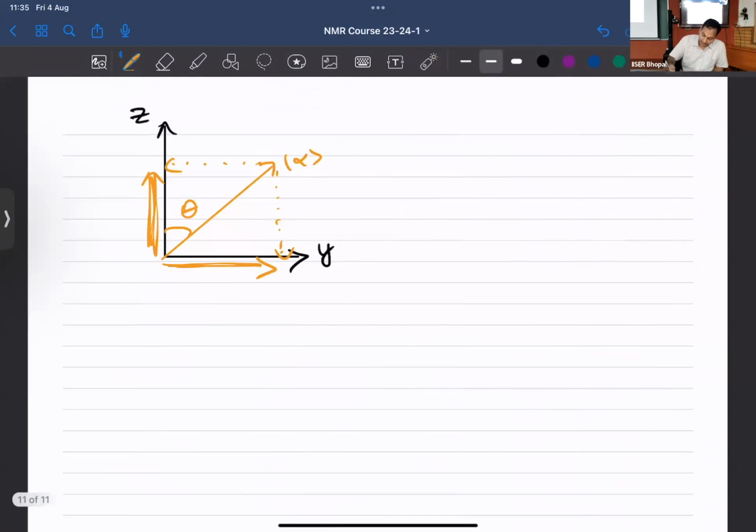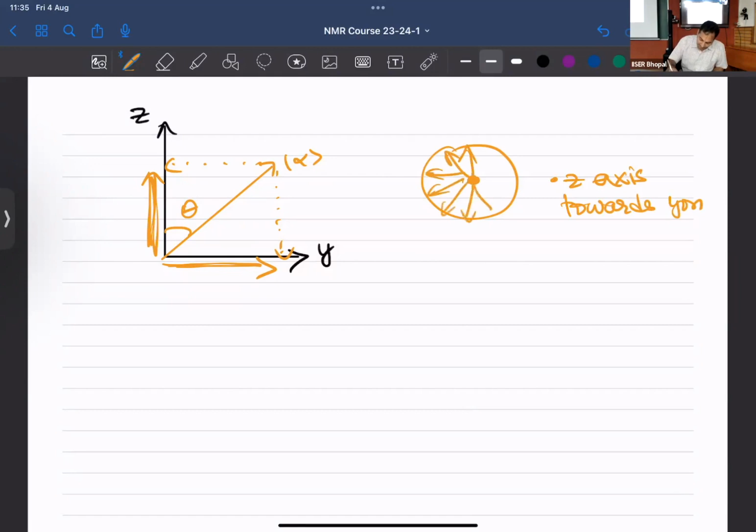Let me try to draw some X and Y projections. If you're looking at the Z axis this way, your Z axis is pointing up towards you. You're going to have every possible orientation that is resolved, resulting in net zero along the transverse plane.